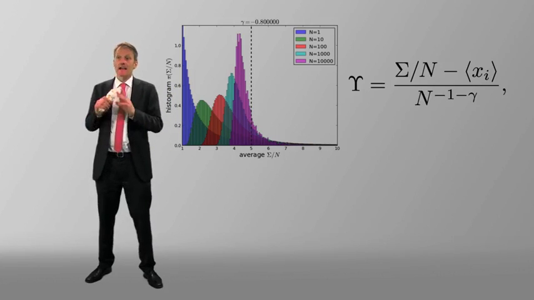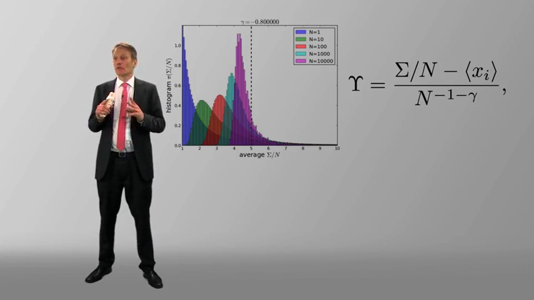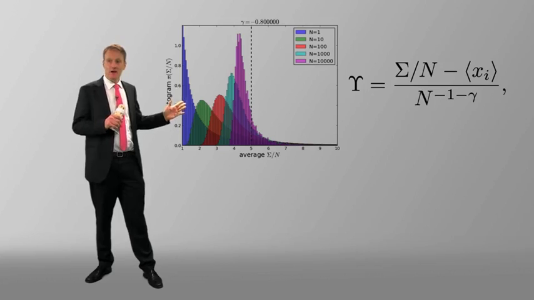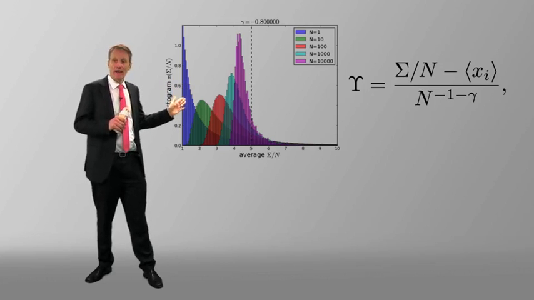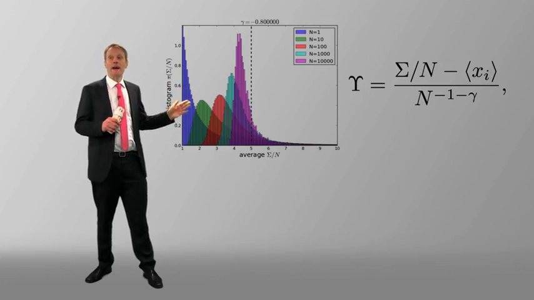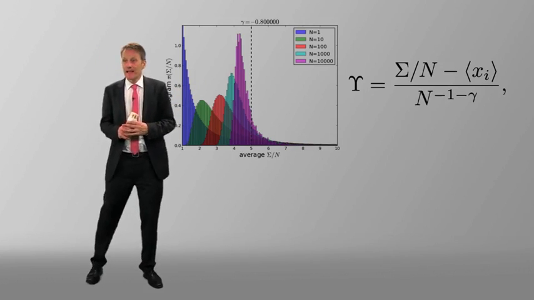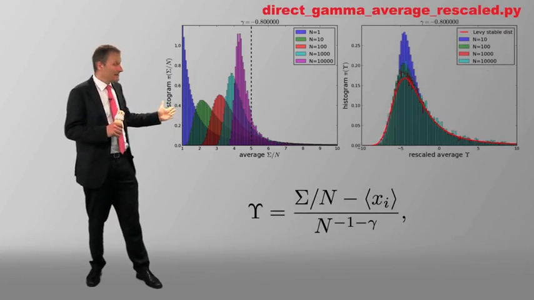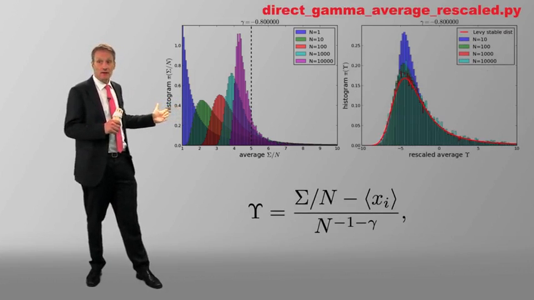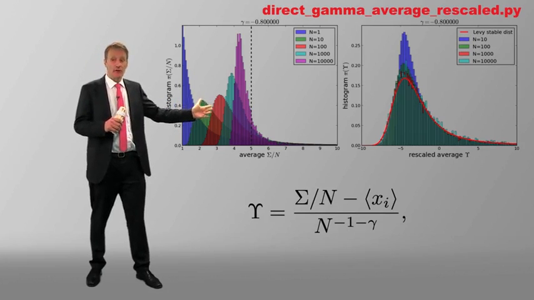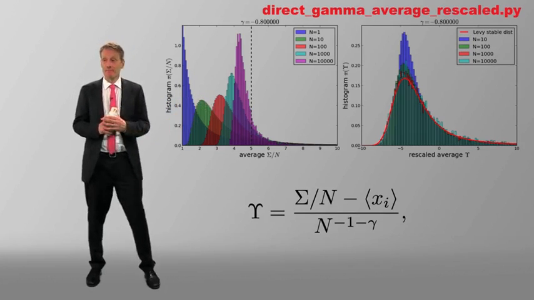In our case, gamma is equal to minus 0.8 and the mean value is equal to 5. So we have to look at the histogram of sigma over n minus 5, divided by n to the minus 0.2. And you see that the same data that depended so much on n falls onto the same curve, approximately for large n.